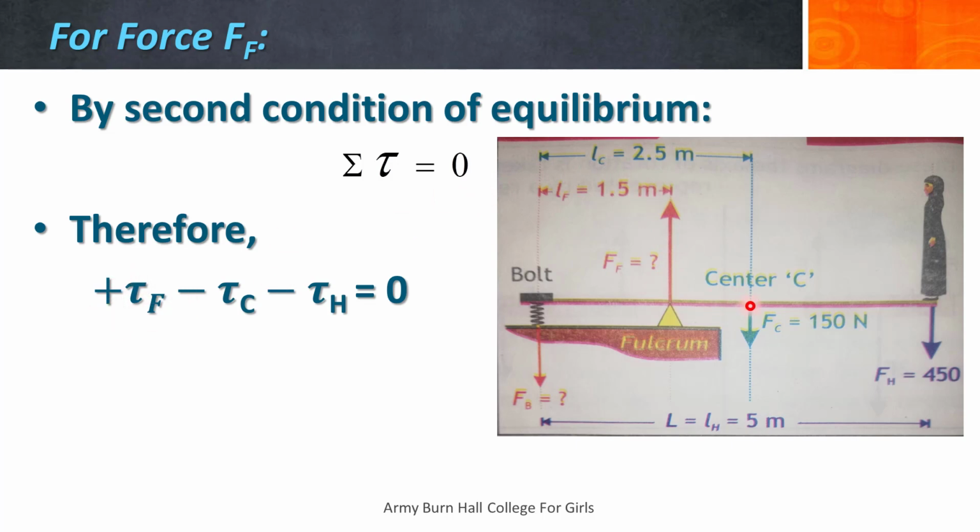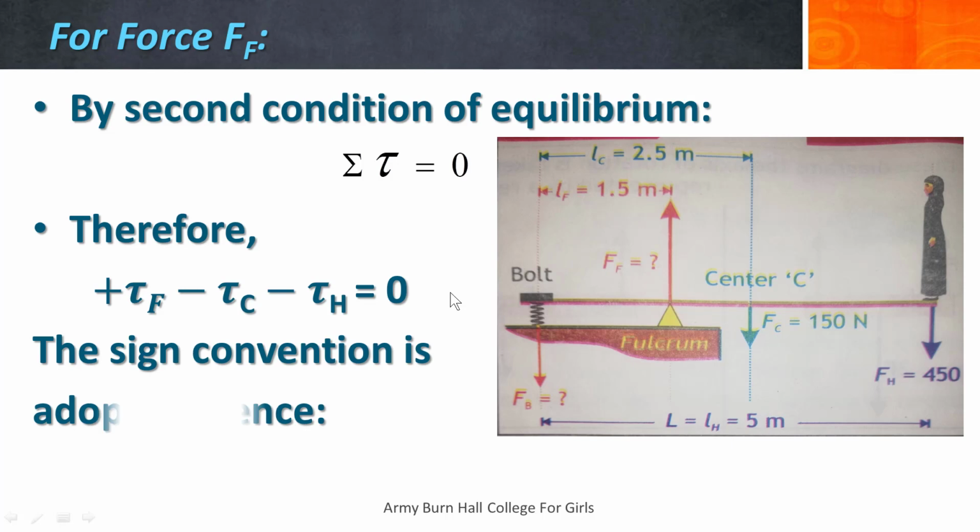The torque due to this force is in the clockwise direction, so it will be negative. The torque due to Fh will again be clockwise, so that will be negative. So we use a positive sign with tau F and a negative sign with tau C and tau H. We have to use this sign convention. This is very important. Without that we will not get the right answer.